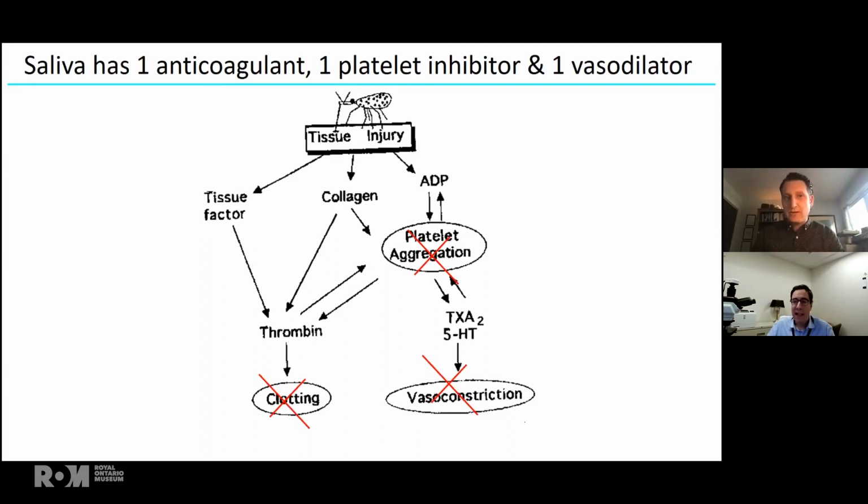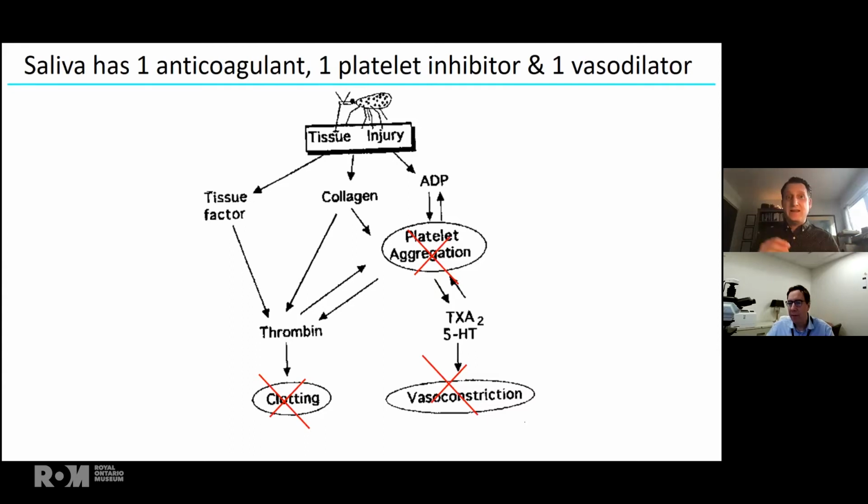Well, I would say that they have at least one anticoagulant, at least one platelet inhibitor. It really depends on how diverse, because it depends on the mosquito you're talking about, the tick. There are hard ticks, there are soft ticks. The composition is really different among them.